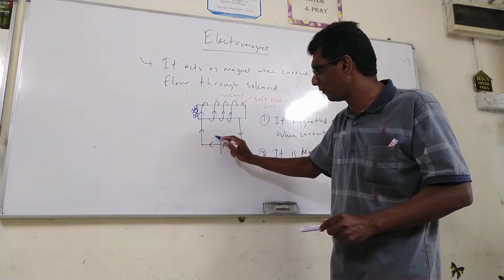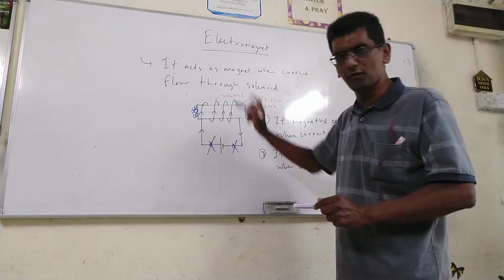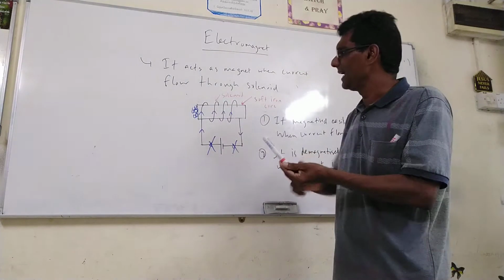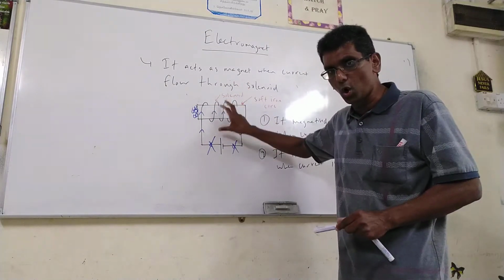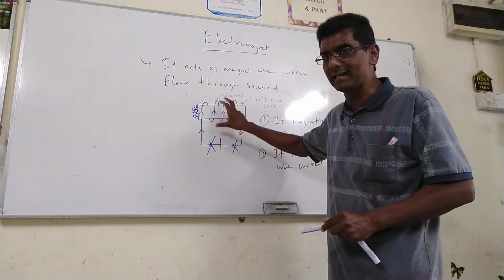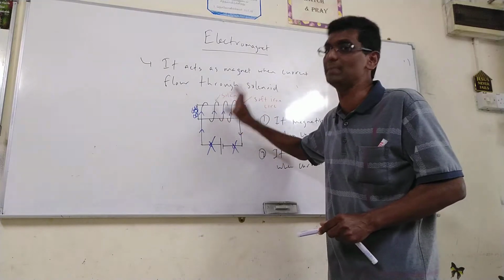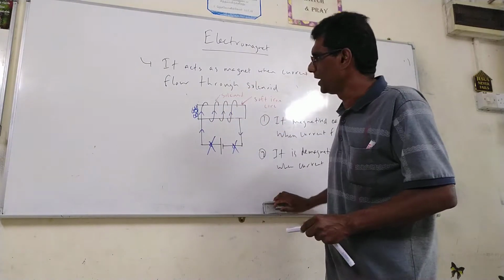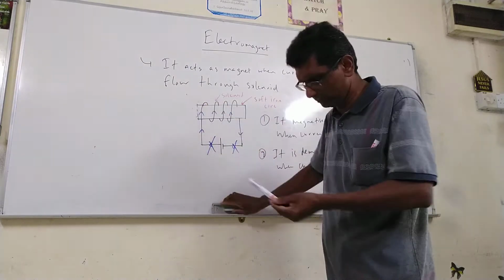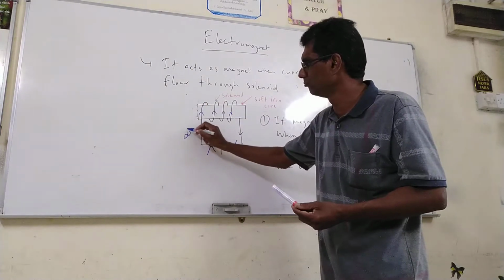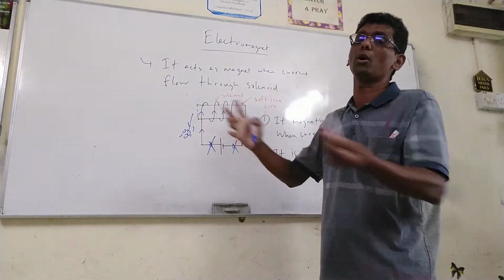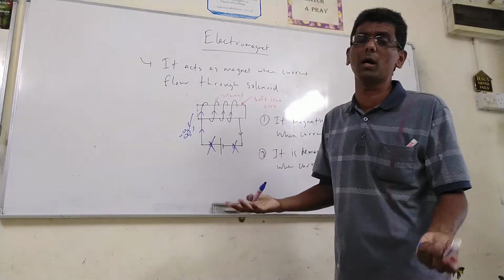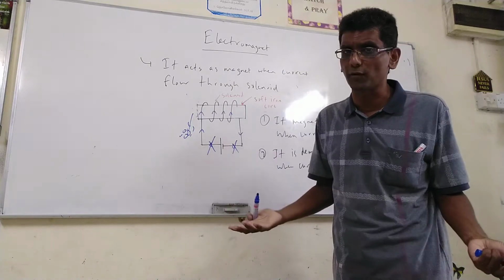When current is cut off, it loses magnetism immediately. The soft iron core or electromagnet loses its magnetism immediately, and all these things will drop in one shot, because it becomes ordinary besi biasa, a normal soft iron core.